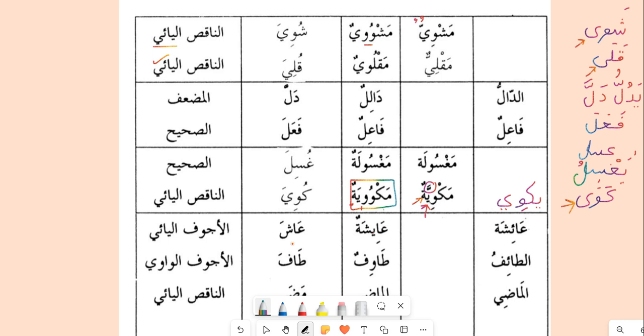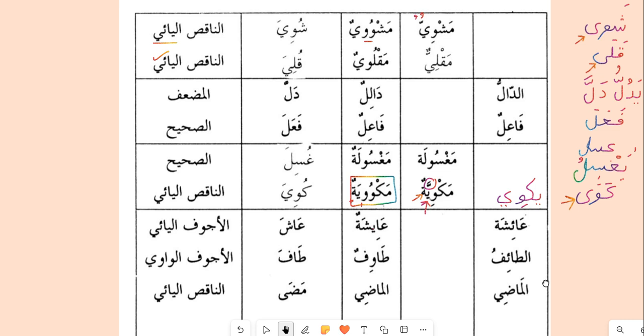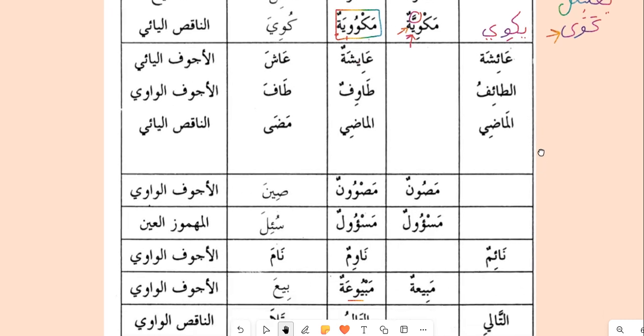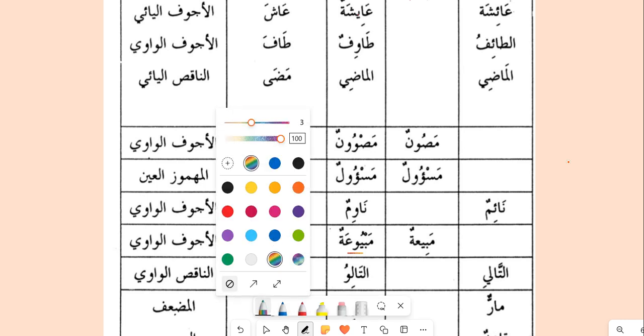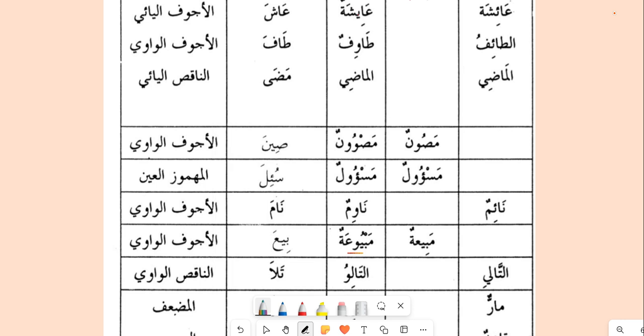Then asha, yaishu, the present tense is yaishu. You need to know the present tense. So the ya comes in, and it's ajwaf ya'i.